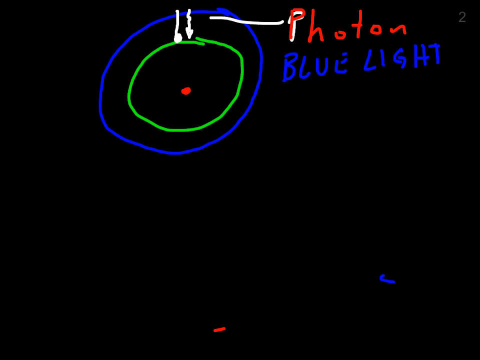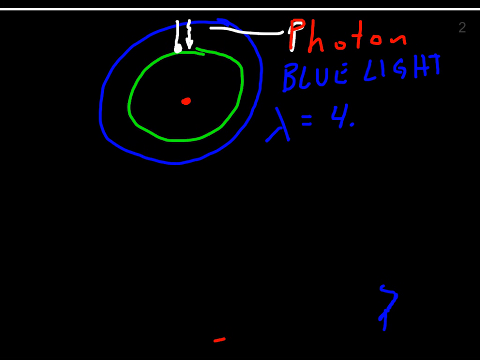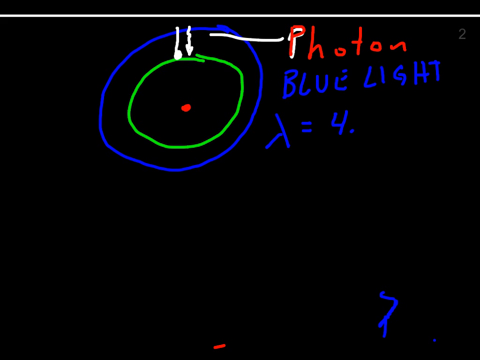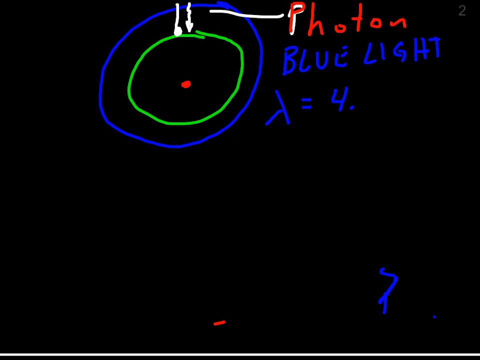And let's say that the blue light on a chart I read had a wavelength equal to 4.5 times 10 to the minus 7th meters. So what I'm first going to do is take that.